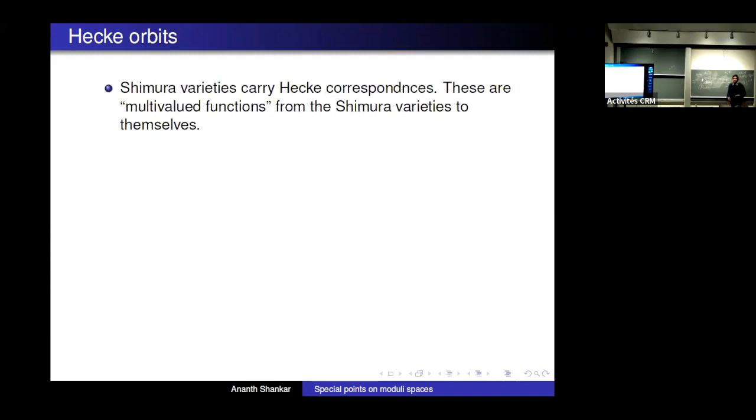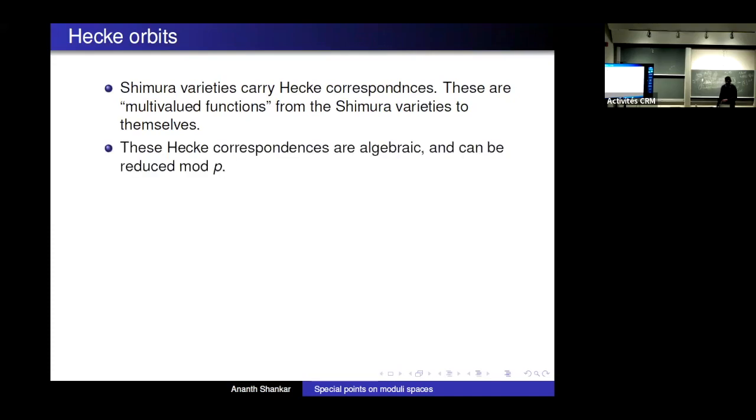All right. So something that's intimately related to CM points are so-called Hecke orbits and Hecke correspondences. In fact, you can even realize CM points as fixed points of these Hecke correspondences. These are multi-valued functions from the Shimura variety to itself. These Hecke correspondences are algebraic and they can be reduced mod P. And the Archimedean behavior of these Hecke correspondences is well understood.